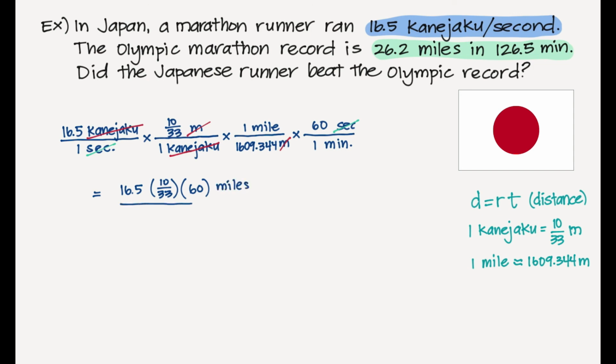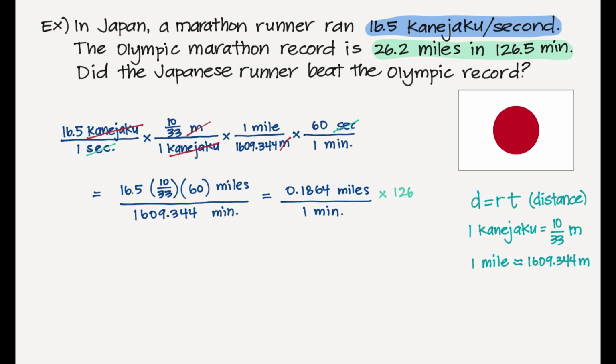And then on the bottom, I need to divide by 1,609.344 minutes. Okay? So when I go ahead and multiply these values and do some division, I'm left with 0.1864 miles per 1 minute.